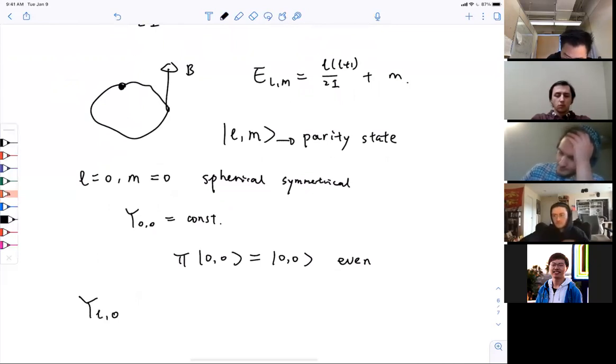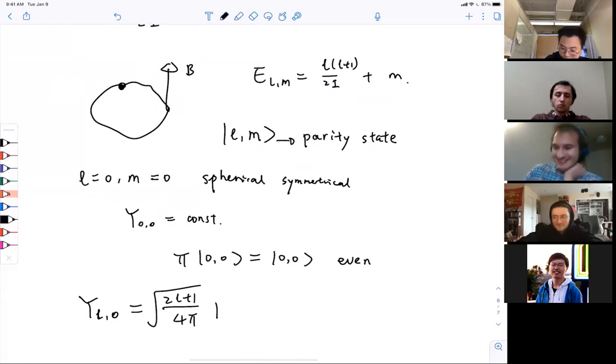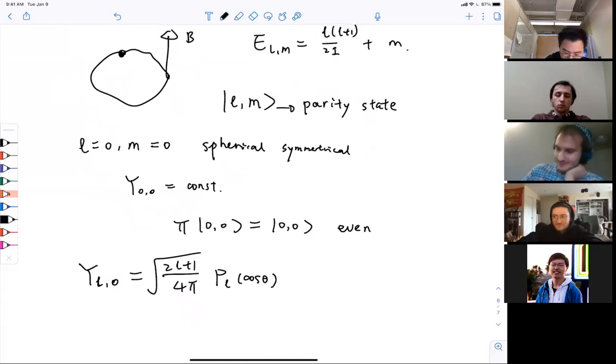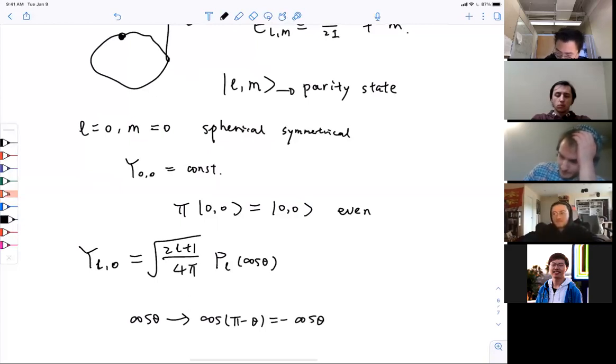And if you look at this one, m equal to 0 and L is L, there are some constant coefficients. I guess I can write it down because m equal to 0 is quite simple: P_L cosine theta. If you apply this parity operation, the cosine theta becomes cosine of pi minus theta, which is minus cosine theta.